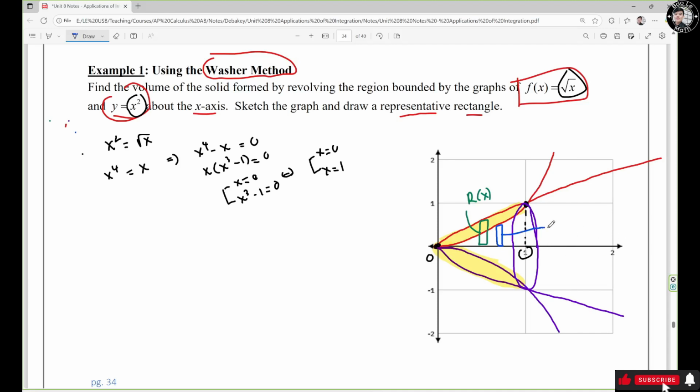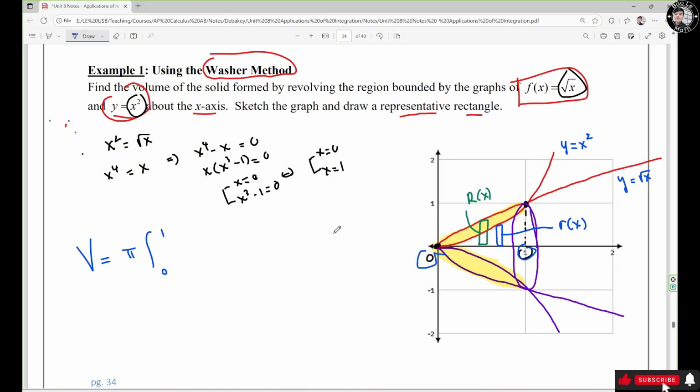So this one is little r of x, right? Now the inner function is y equals x squared, right? The outer function is y equals square root of x, right? So the volume is pi times the integral from 0 to 1.